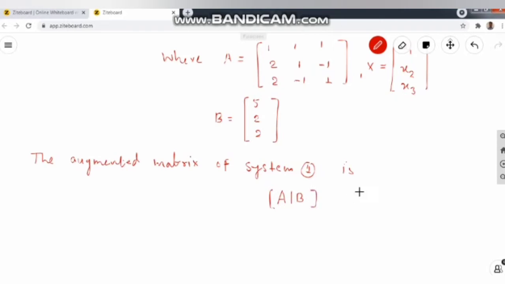This is the notation. Also, one thing I will tell you here: some books use a dashed line for the augmentation bar, and in some books a solid line is used. In this book, we will use the solid line for the augmentation bar.